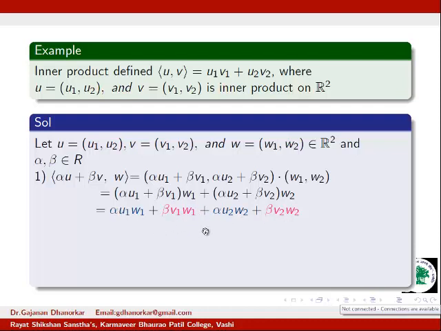I will combine these with the alpha terms and the beta terms, and write it this way: alpha into u1 w1 plus u2 w2, and beta into v1 w1 plus v2 w2.